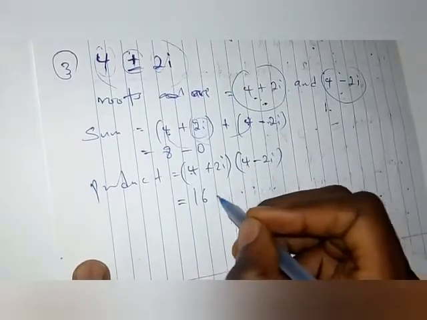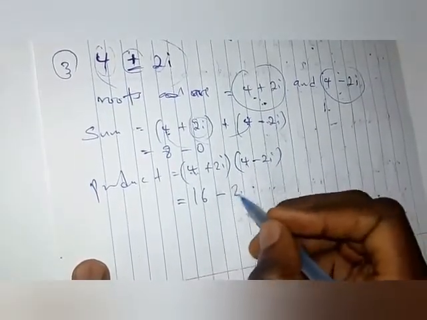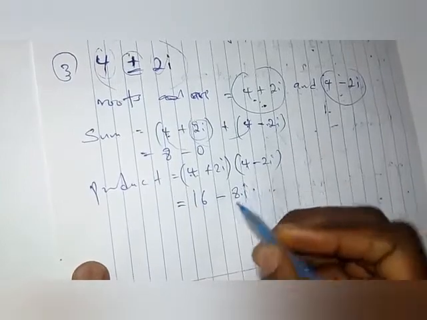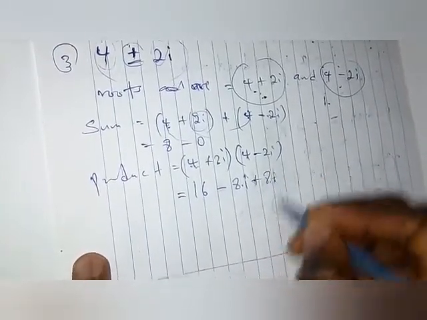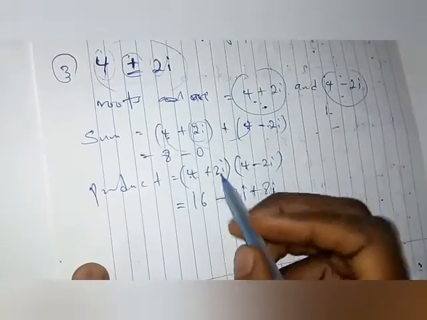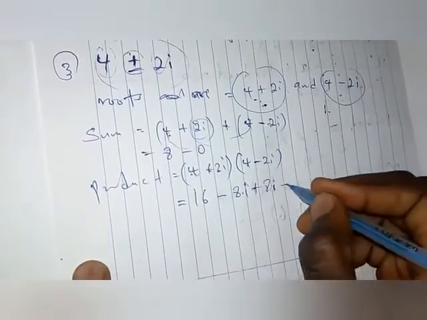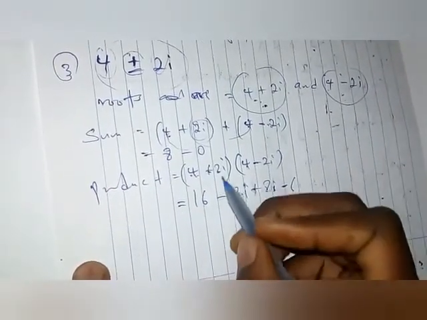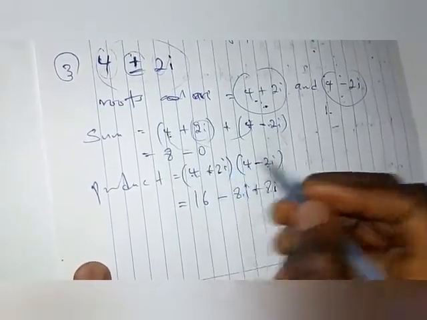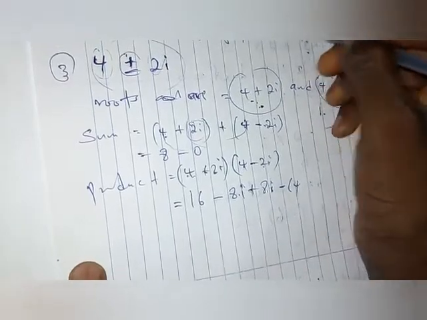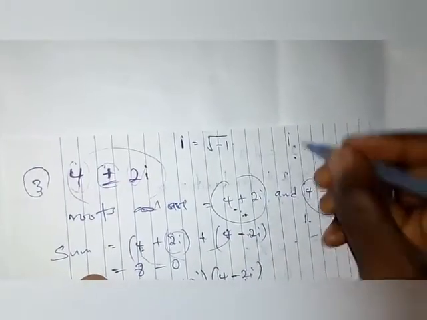Then minus 8i plus 8i. Then 2 times 2 is 4, and i times i is i squared.